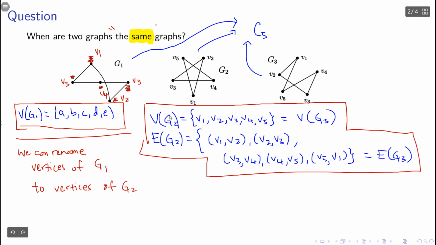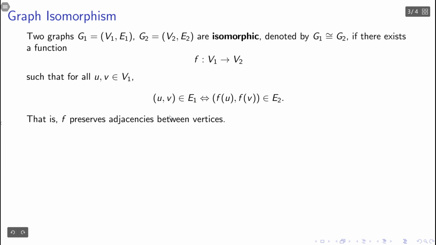And in fact, this is how we will define what we call graph isomorphism.